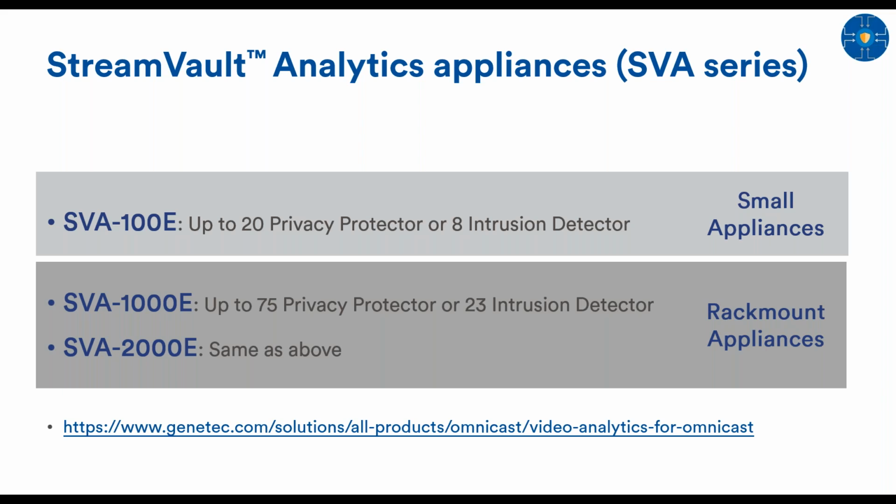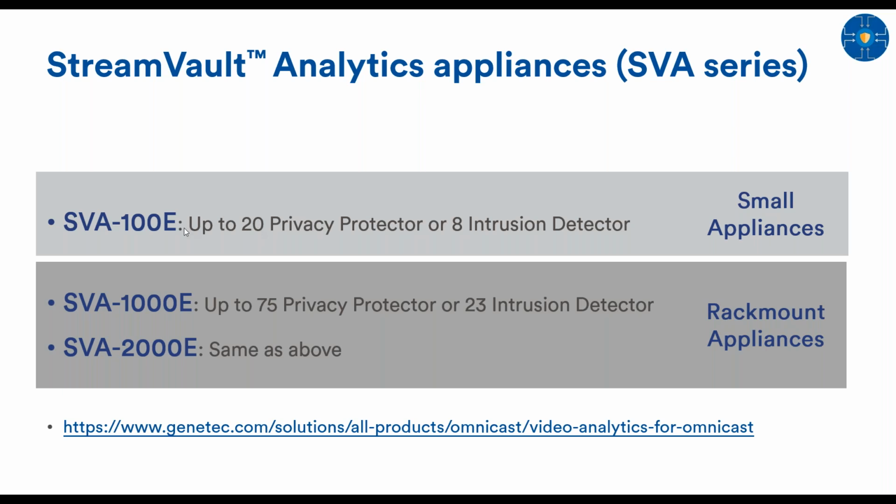So the SVA, basically SVA for analytics, are the appliance that we've built mainly for the analytics. They got a bit of a better processor, a better memory, and also usually a bit of a better hard drive, SSD hard drive, to be able to process all of the analytics.